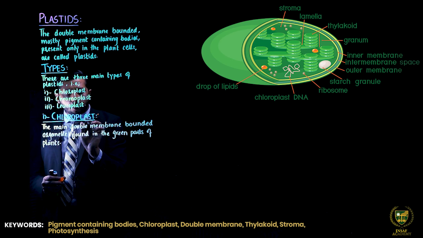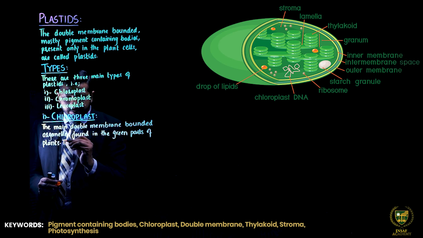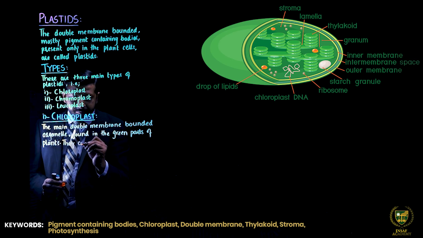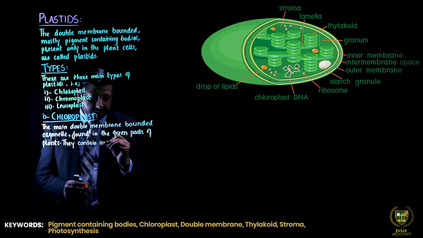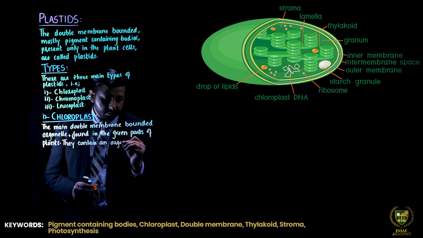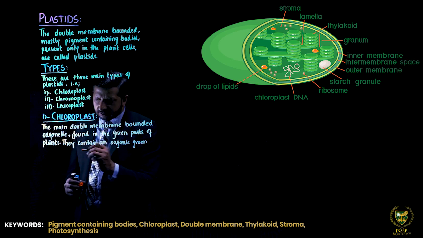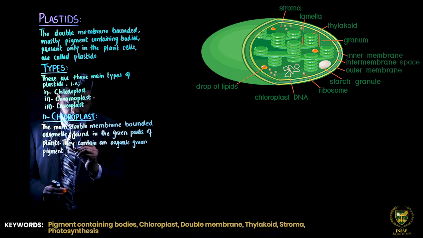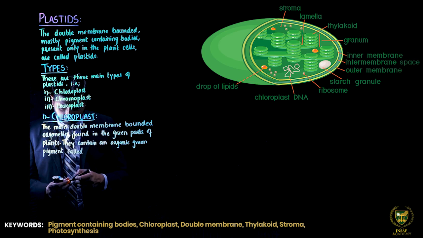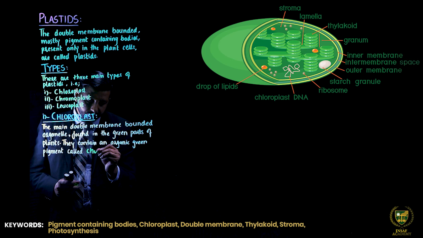Clear? So chloroplast, chloro is from chlorophyll. They contain an organic green pigment called chlorophyll.